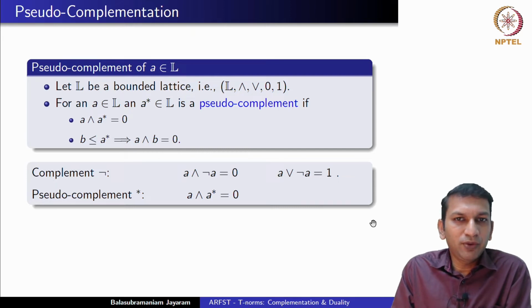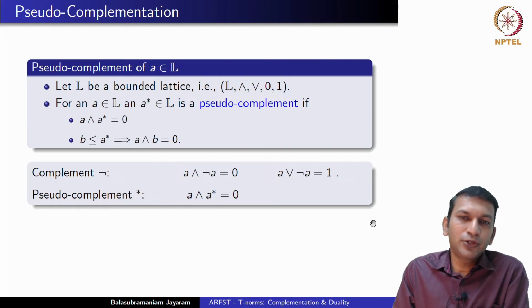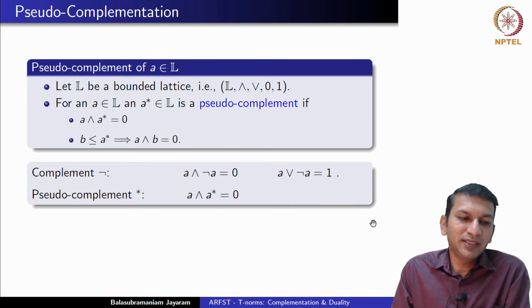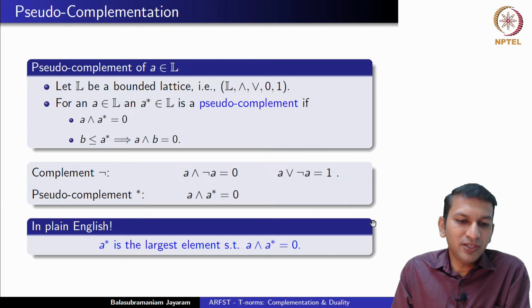And if you recall, the second condition is what in some sense we have introduced as Stone's identity. What does the pseudo-complement of A stand for? In plain English, it says A star is the largest element such that A meet A star is 0.